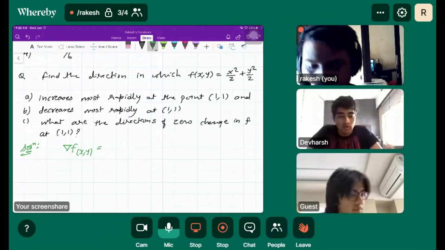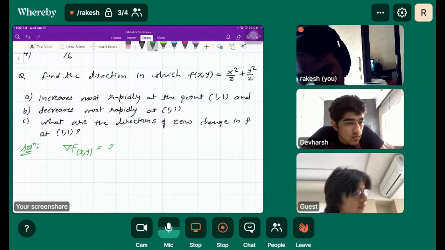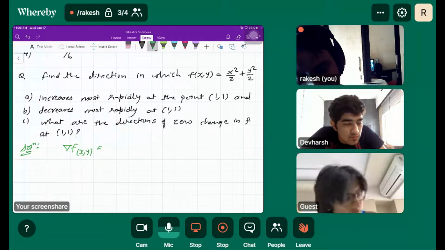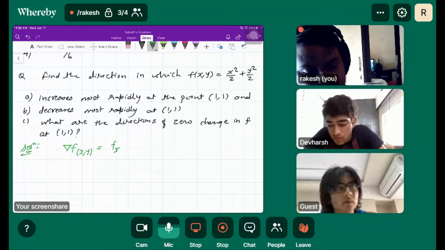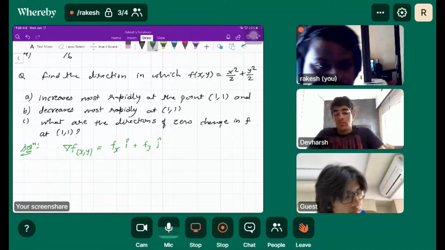Okay. So, the gradient vector is basically, let me write full. The definition of the gradient vector is basically fx i plus fy j.